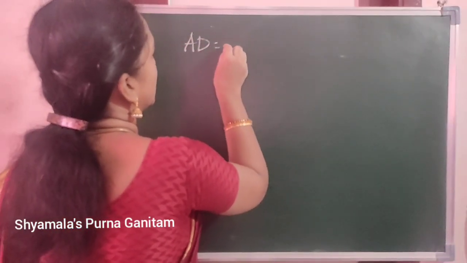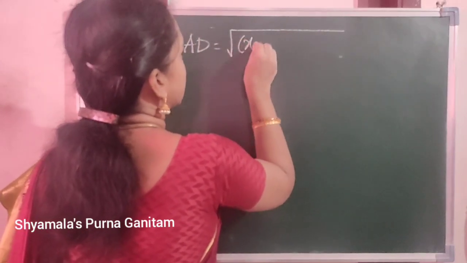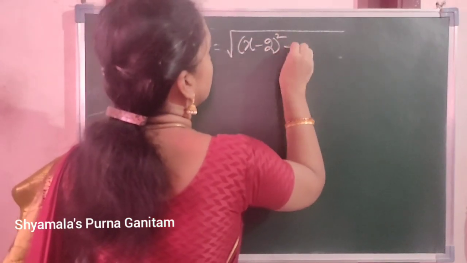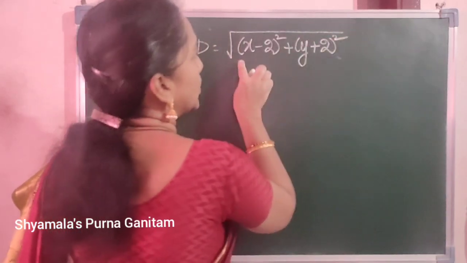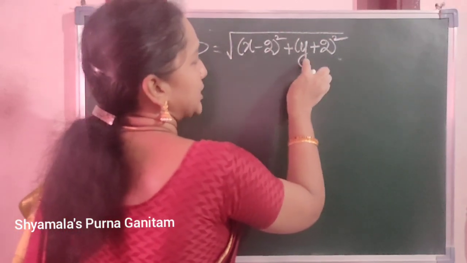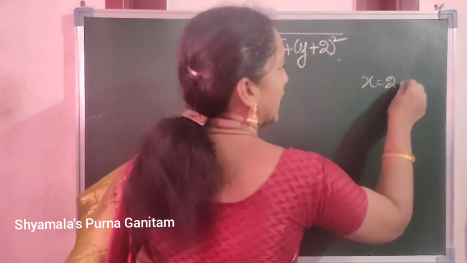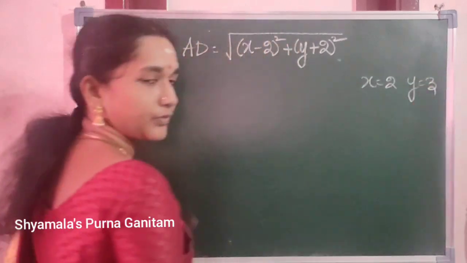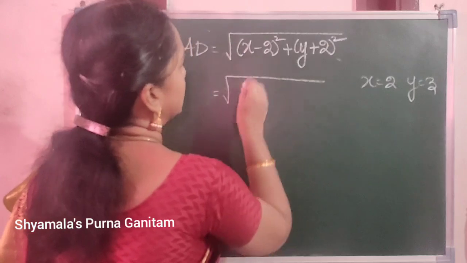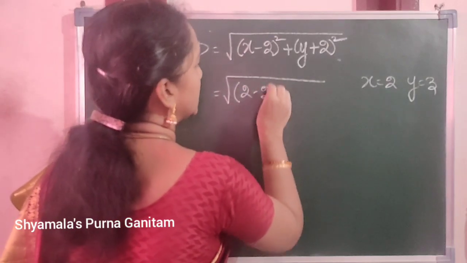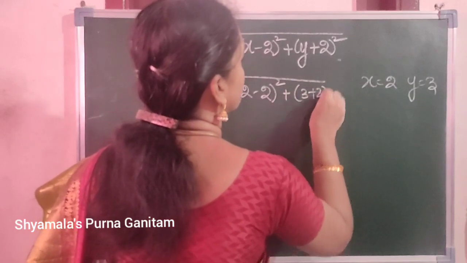For the radius, it is root of x minus 2 the whole square plus y minus of minus 2 the whole square, that is x2 minus x1 the whole square plus y2 minus y1 the whole square. Now we got the x value as 2 and y value as 3. So we'll substitute: 2 minus 2 the whole square plus 3 plus 2 the whole square.